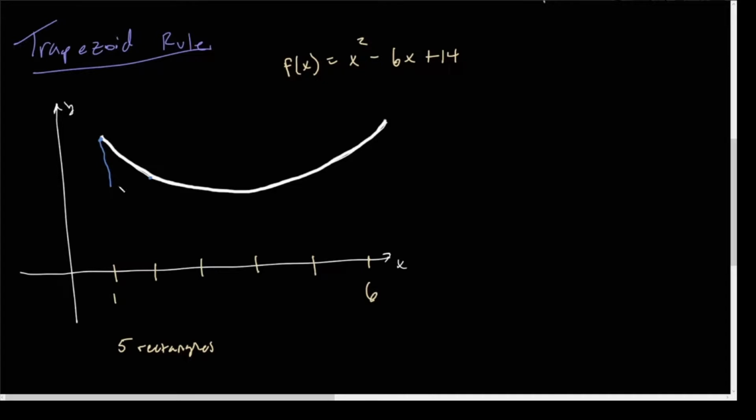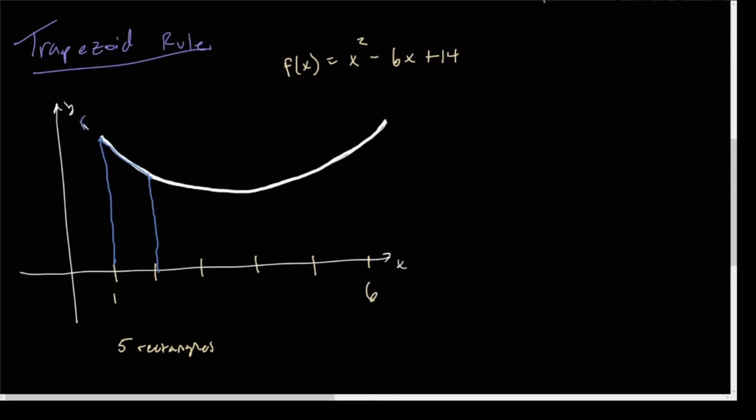But it's not going to be a rectangle. I'm going to connect these two dots so we actually have a trapezoid. Do you see how accurate this is already? So much better. We'll talk about how to actually calculate the area of this trapezoid in a moment.